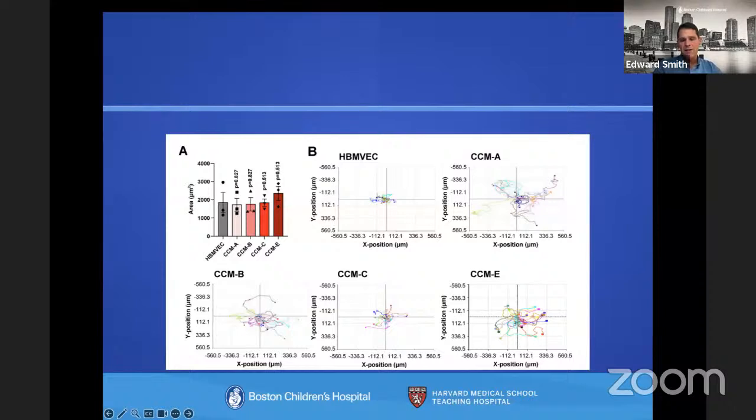These are regular blood vessel cells on a camera, and each individual cell is marked, and we watch them over time to see how much they move. And normal blood vessel cells from the brain will just kind of stay in one area and do their own thing. Whereas when we look at patient samples from cavernous malformations, you can see that these blood vessel cells go bananas. That's the fancy Harvard term again, but they move all over the place.